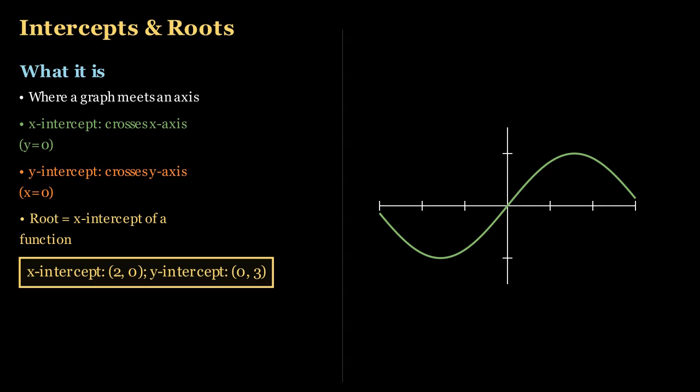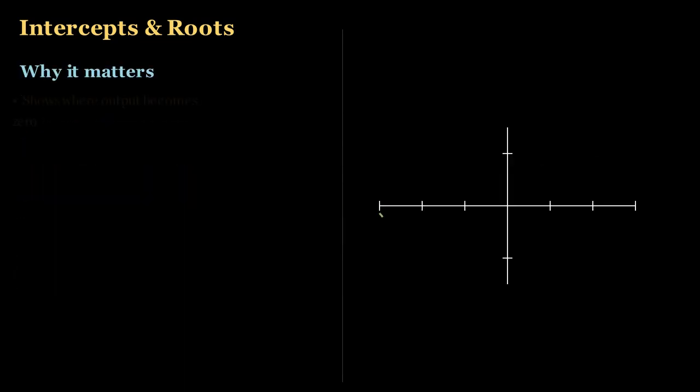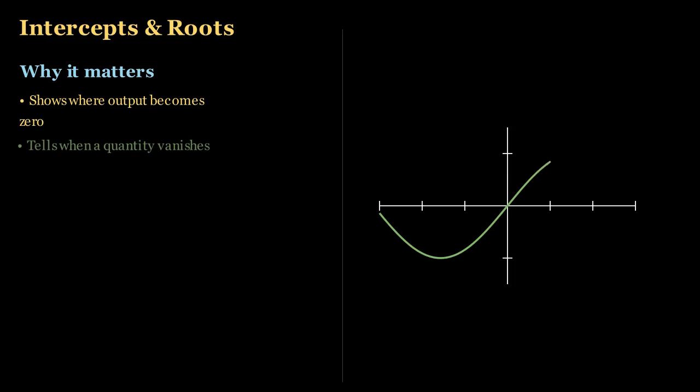Why do we care so much about where a graph crosses the axis? Because in real problems, 0 often means something important. If you are tracking profit, the x-intercept is the break-even point where profit becomes 0. If you are measuring height, the root is the moment the object hits the ground.